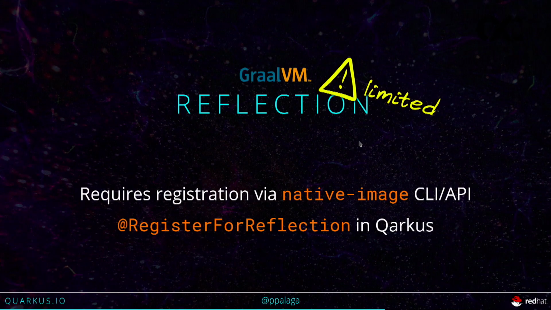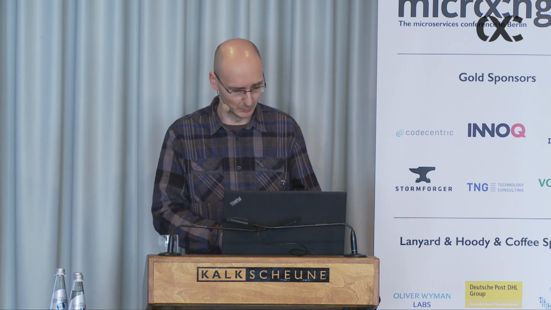So reflection. Reflection works, but needs to be registered upfront. And if you work directly with Substrate, you have to do a lot of stuff manually. I think you need to produce a JSON file that lists all your fields and methods and so on that are supposed to be used via reflection.